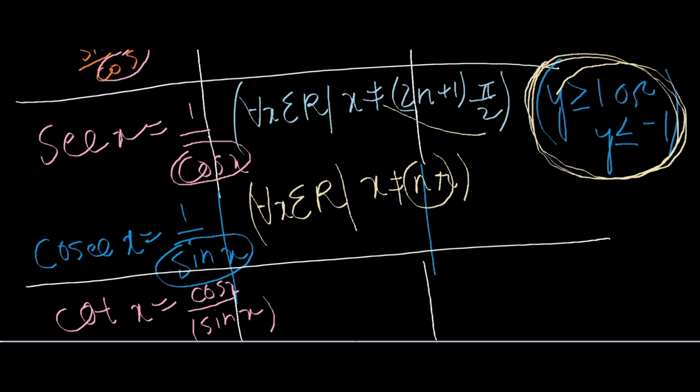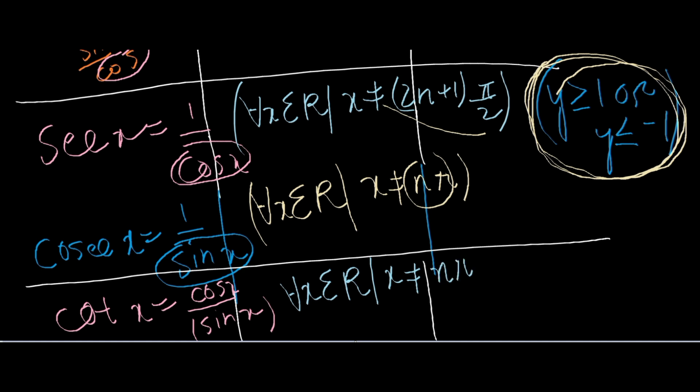Okay, so the domain of cosecant and the domain of cotangent, they both are the same. So I would say that the domain of the cotangent is for all x belonging to real numbers, such that x does not equal n pi.